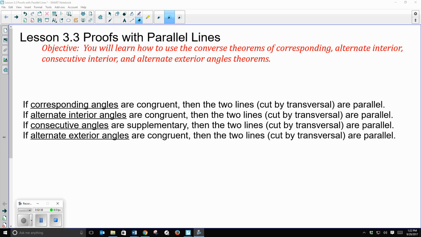So it's the converse. If this, then this. If you know any of those things about the intersections of the lines cut by a transversal, then you can determine that they're parallel. Is that pretty clear? Okay, good.